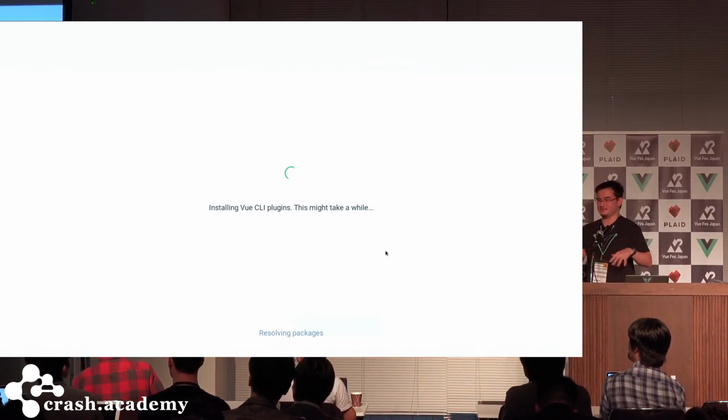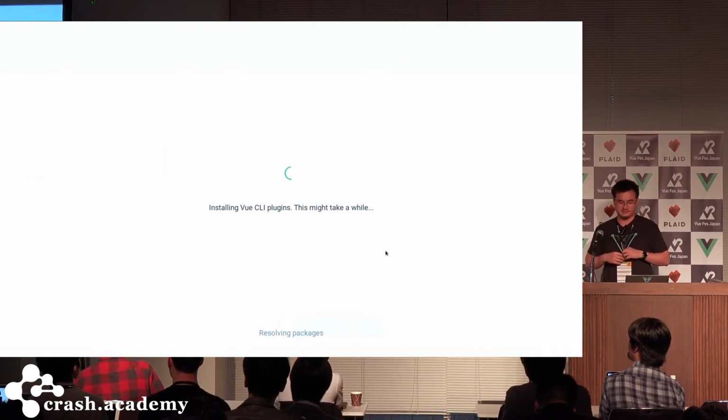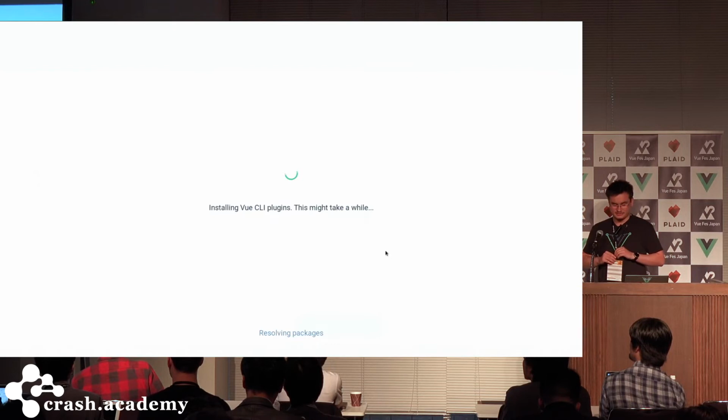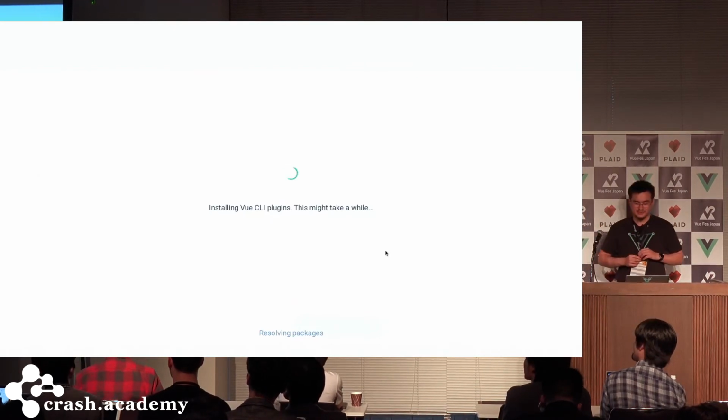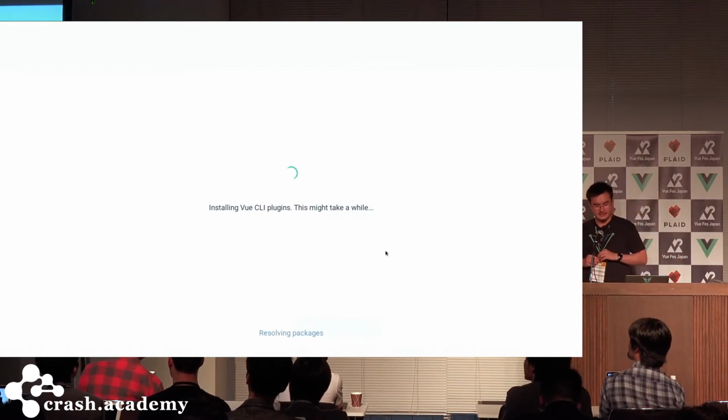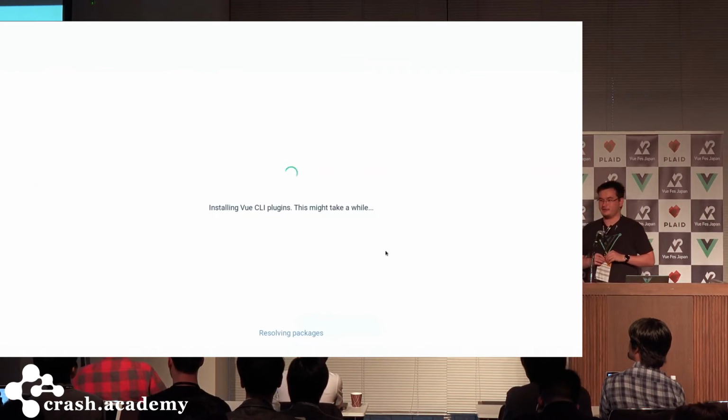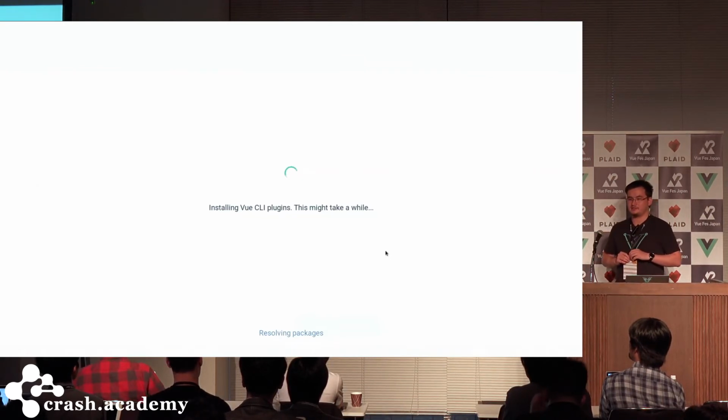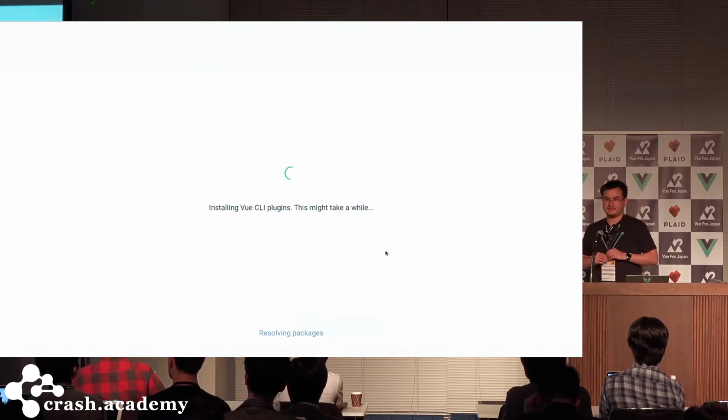So you don't need to type anything into a terminal to create a project. Let's hope it won't be too long. What it's basically doing right now is scaffolding a very, very bare-bone skeleton of your app, and then installing all the necessary plugins I selected.